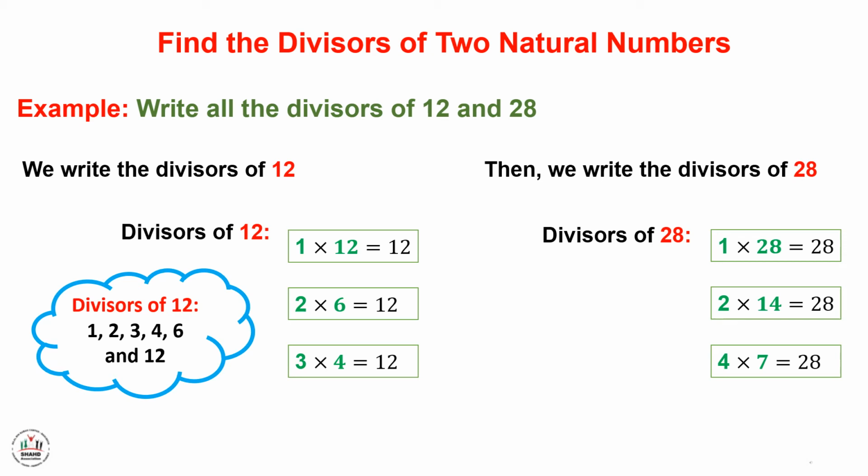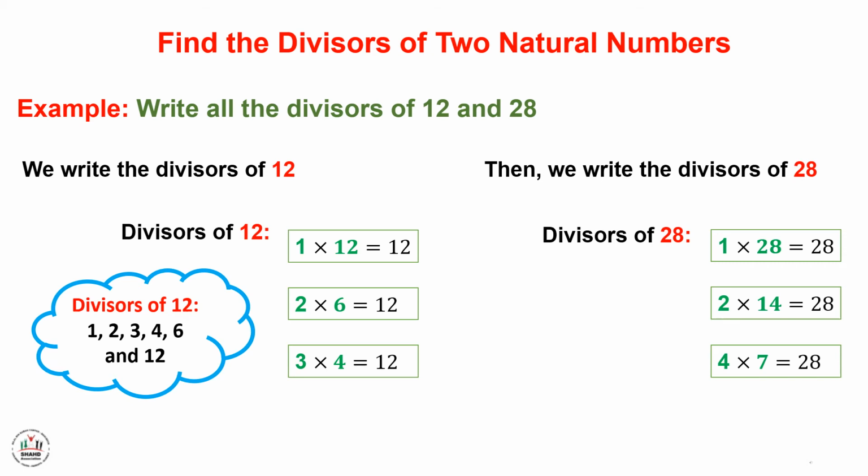So 28 is not divisible by 3, so we move to which one? To 4. So the last one is 4 times 7. So 4 times 7 is equal to what? Is equal to 28. So 4 and 7 are divisors of 28. But 28 is a common multiple of 4 and 7.